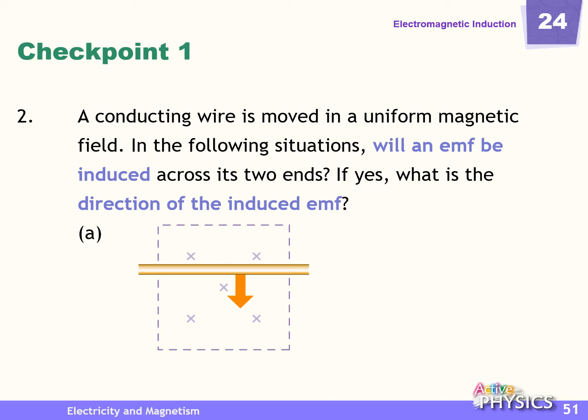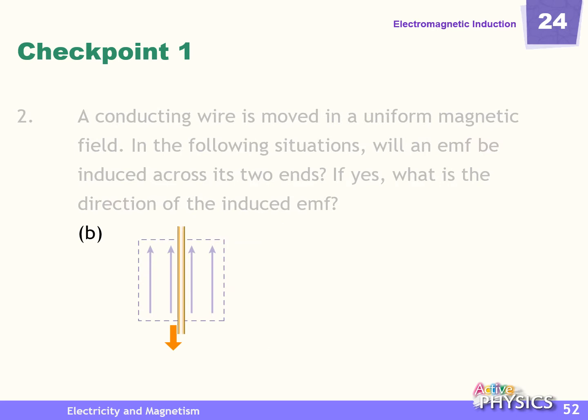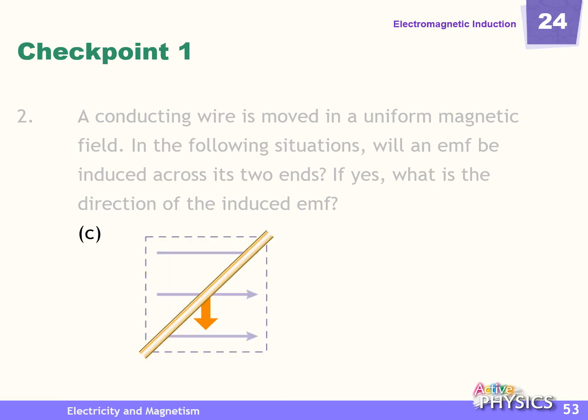Again, apply the right-hand rule. The first one, yes, from left to right. How about this one? No, because the direction of the velocity is parallel to the direction of the magnetic field.